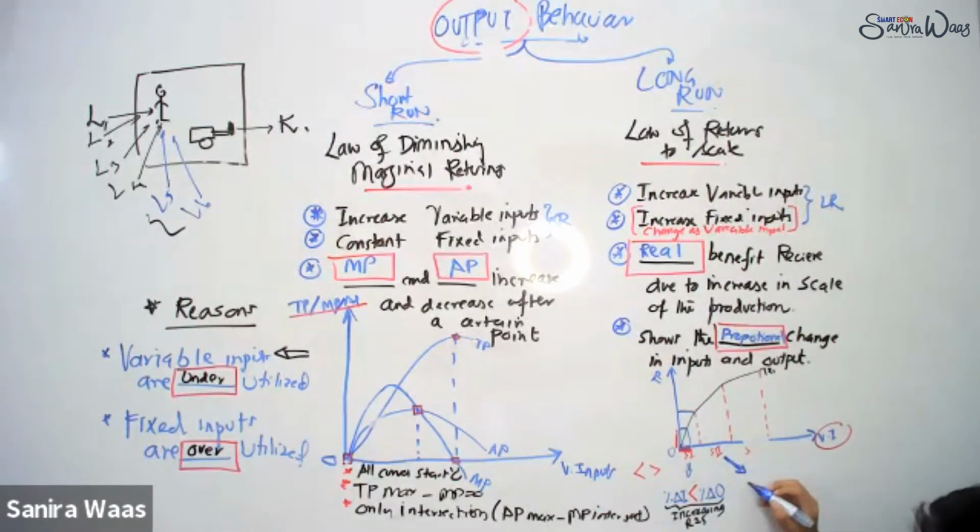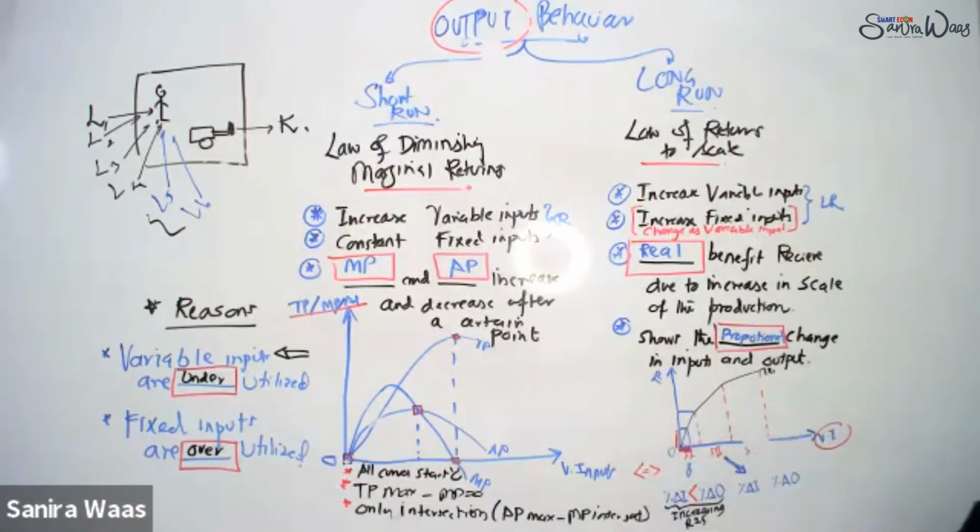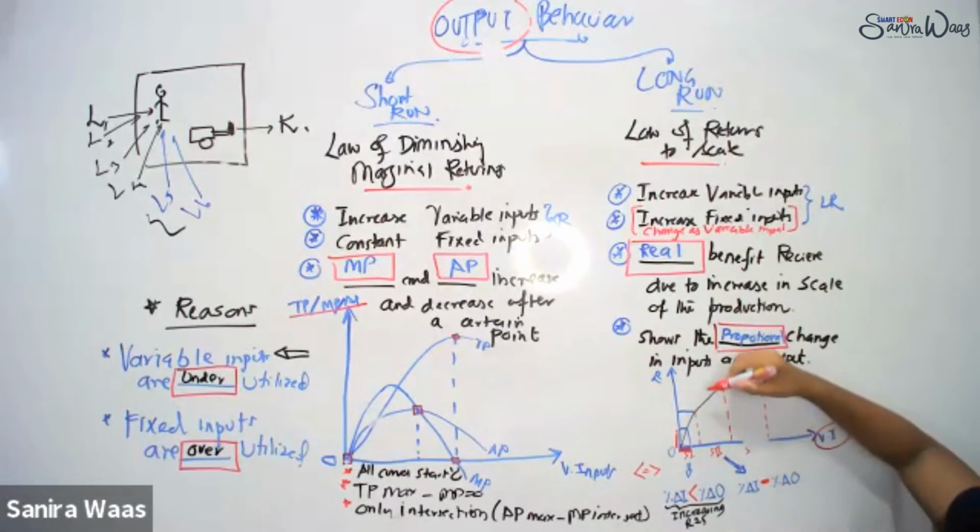Now the second one, what is happening? Percentage inputs and percentage outputs. So what ideally needs to come in here? From these three, yes, it is very simple. It is equal, right?